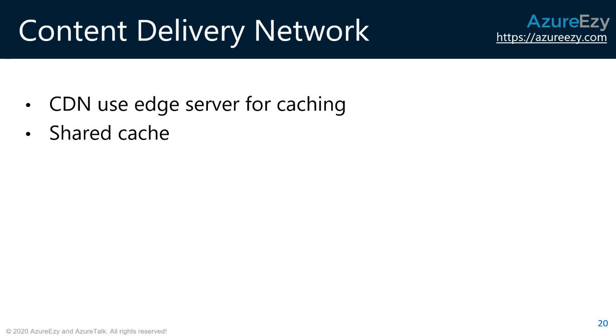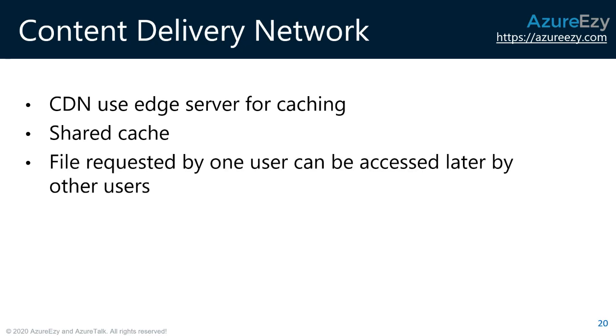Because of that, the cached content can be shared between users. For example, one file which is requested by one user and cached on the edge server can later be used by another user as well.